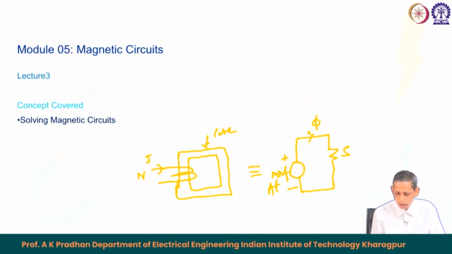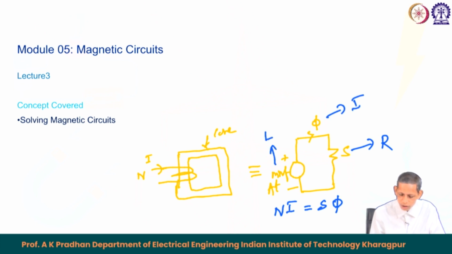In this case we have different relations, like N I is the MMF, and for this we talk about S into phi, like we talk about E equals I into R. So, S is analogous to resistance, phi to current, and this to the EMF, E, or the voltage.